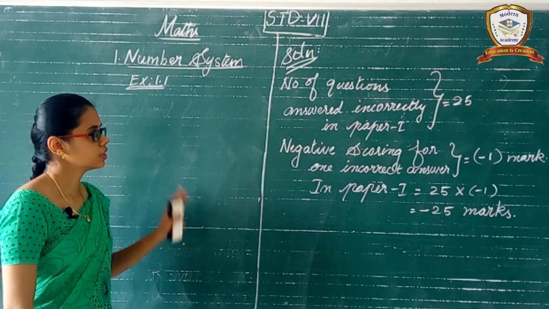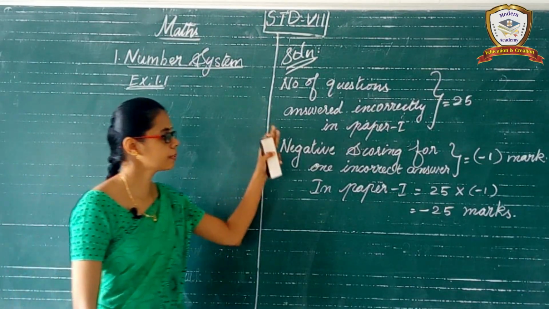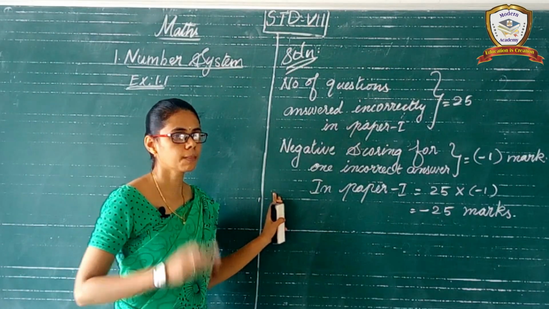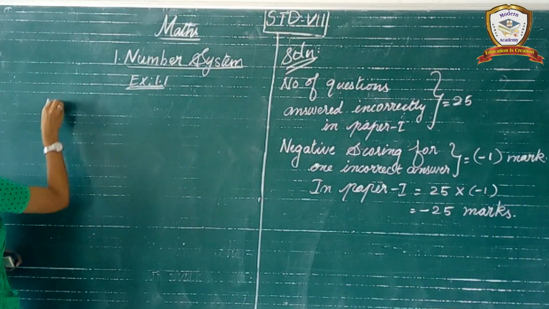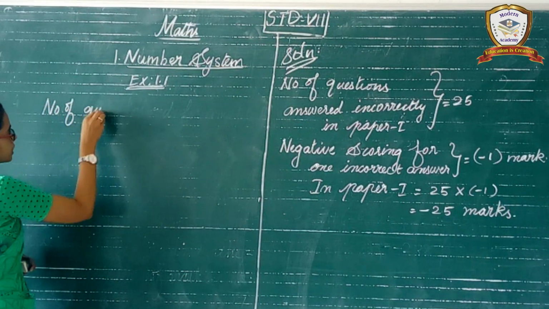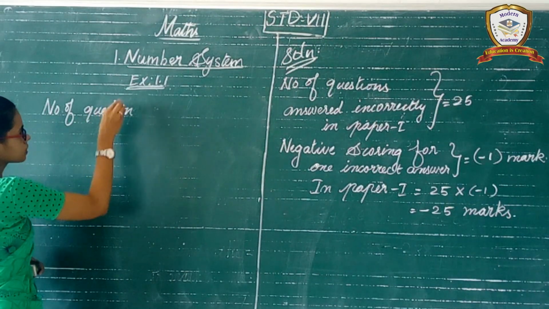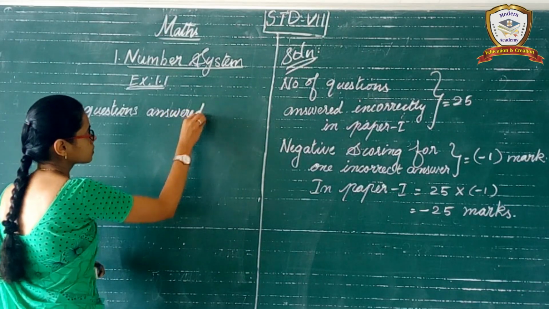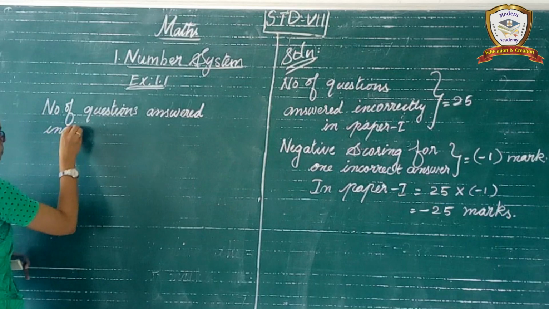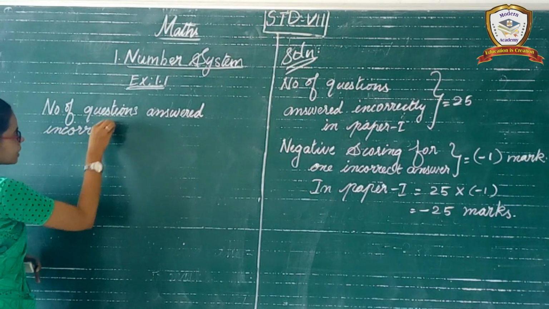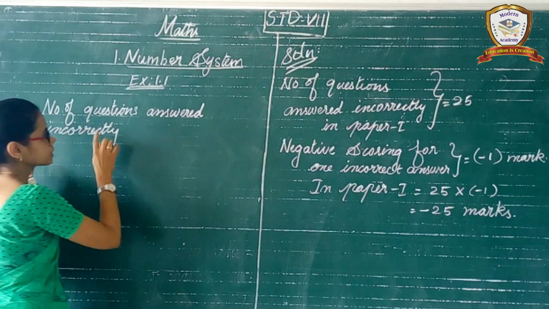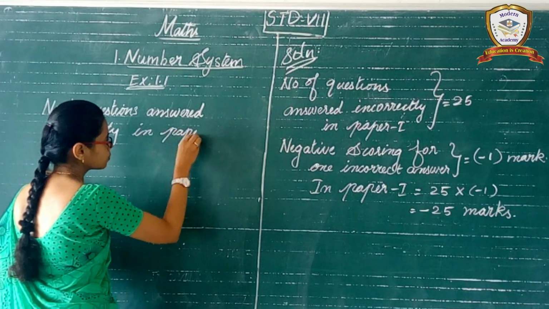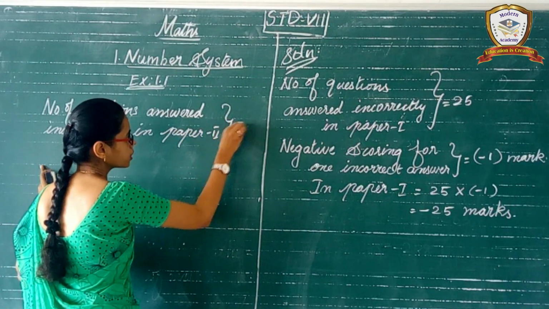Okay, next we have to find paper 2. For paper 1 we found minus 25 marks, and next we find paper 2, the same way. Number of questions answered incorrectly in paper 2: how many questions?